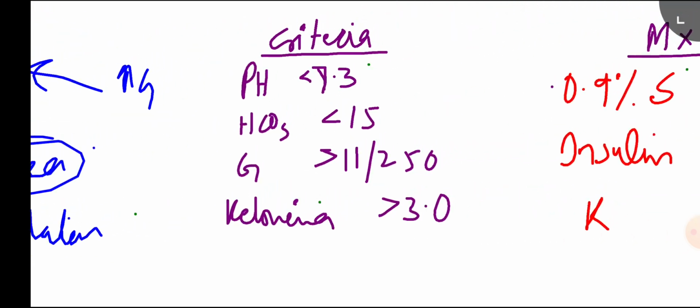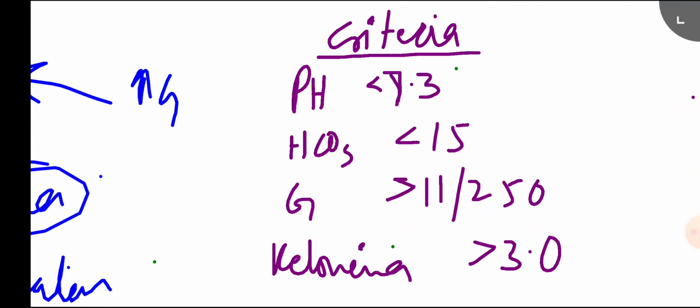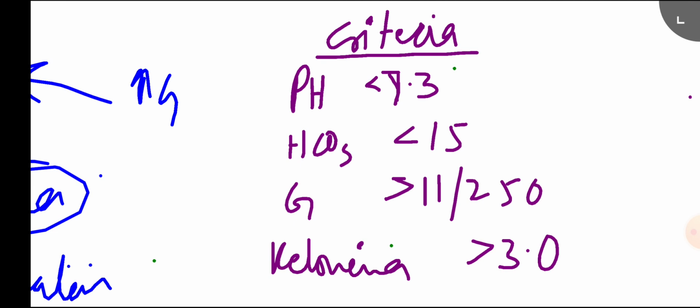Now, what's the criteria for diabetic ketoacidosis? You need to look at these things. The pH should be less than 7.3. The bicarb should be less than 15 millimoles per liter. The glucose should be greater than 11 millimoles per liter or greater than 250 mg per deciliter.